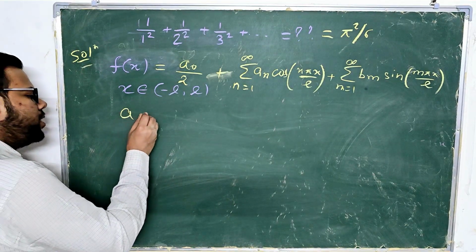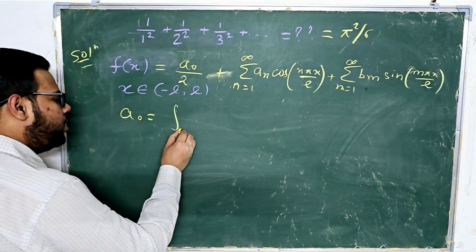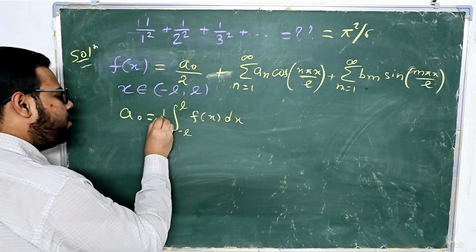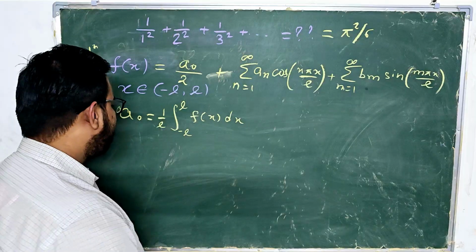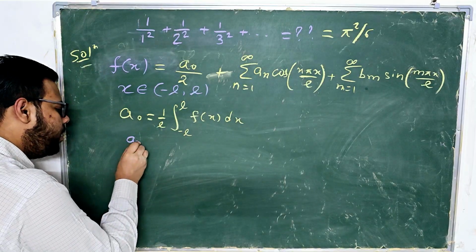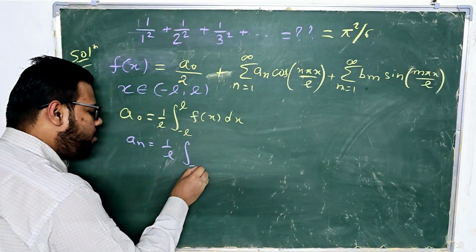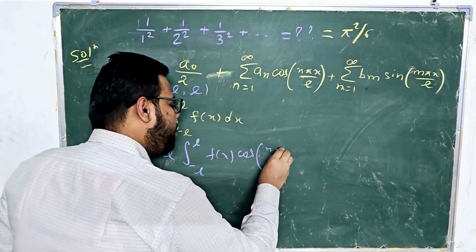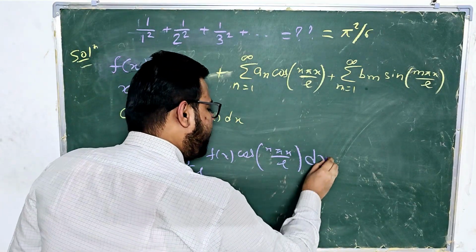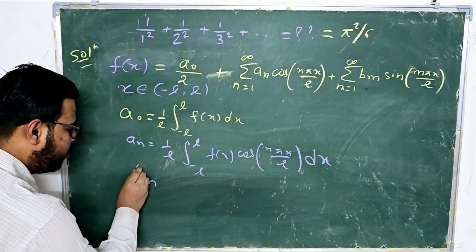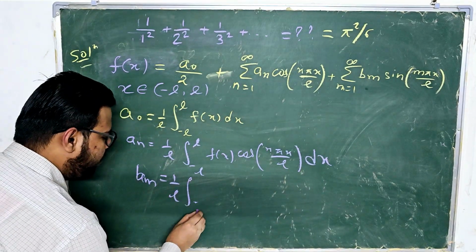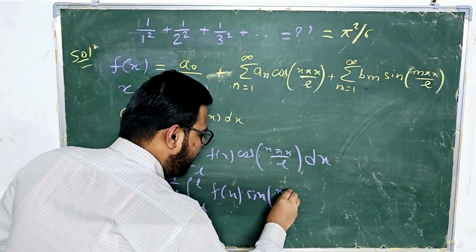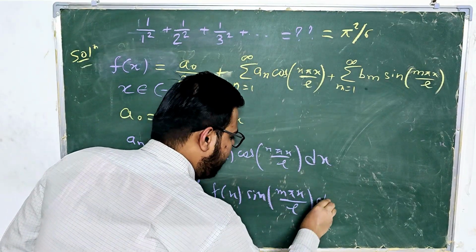So a naught is given as the integral from negative L to L f(x) dx times 1 by L. And a n is 1 upon L integral from negative L to L f(x) times cos n pi x by L dx, and b m is 1 upon L integral from negative L to L f(x) sine m pi x by L dx.